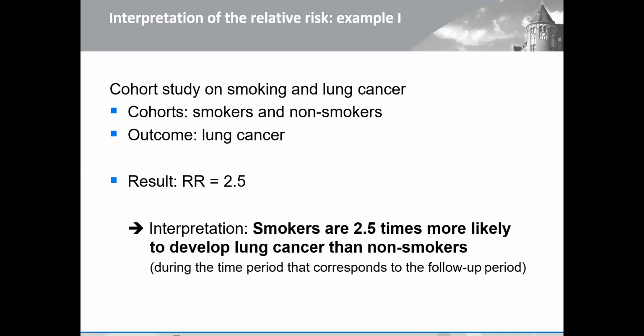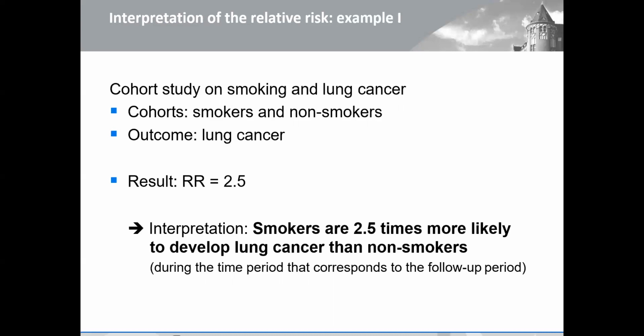period. So as you interpret some of these relative risks and measures, they need to be interpreted depending on the time of follow-up. If the time of follow-up is there, you can say, after a follow-up period of 2 years, smokers were 2.5 times more likely to develop lung cancer than non-smokers.